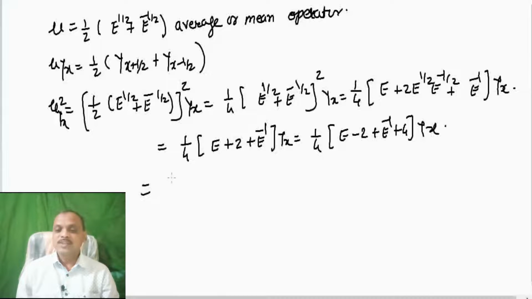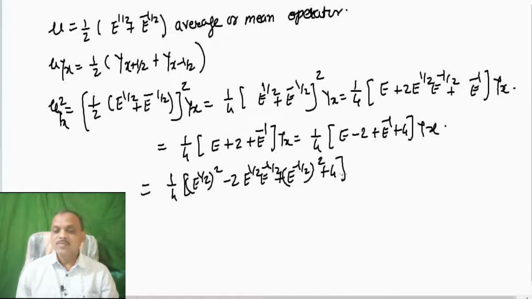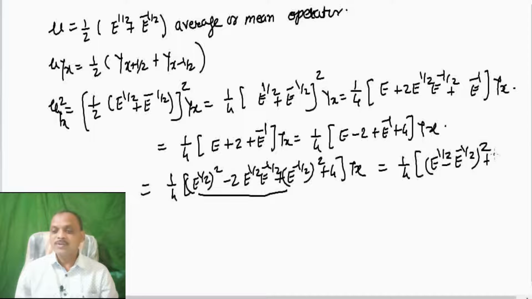So this is equal to 1 by 4 into e raised to 1 by 2 whole square minus 2 into e raised to 1 by 2 e raised to minus 1 by 2 plus e raised to minus 1 by 2 whole square plus 4, into y x. What is this? This is the expansion of 1 by 4 into e raised to 1 by 2 minus e raised to minus 1 by 2 whole square plus 4, into y x.